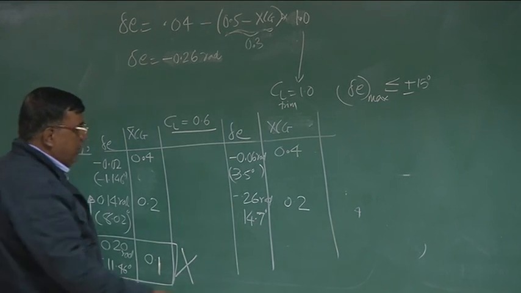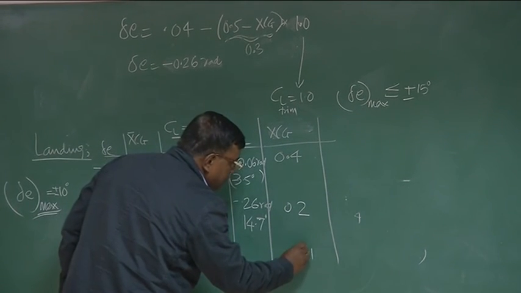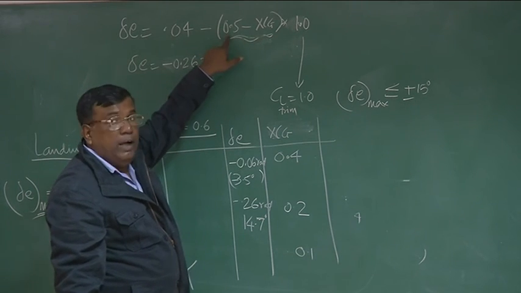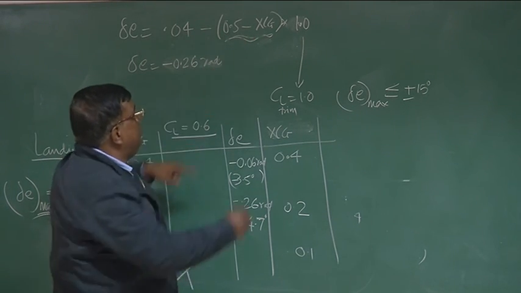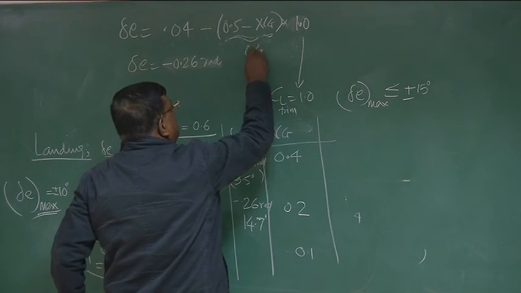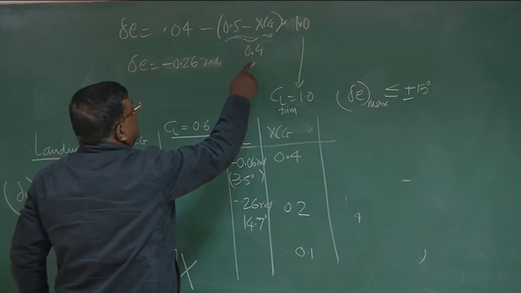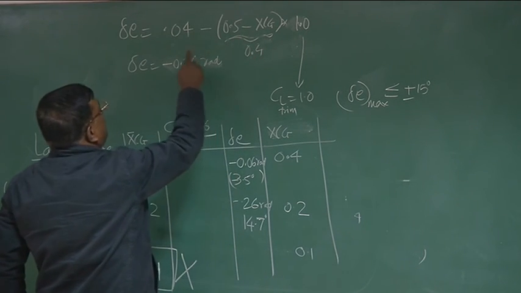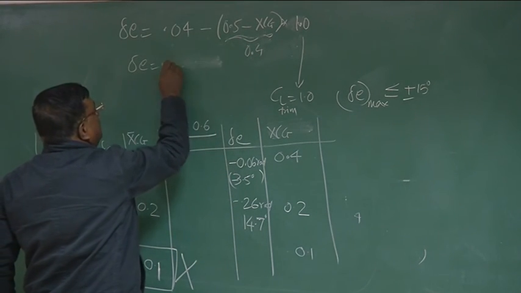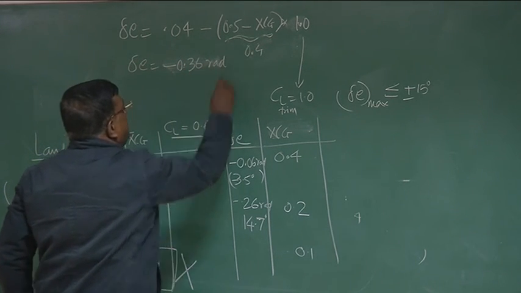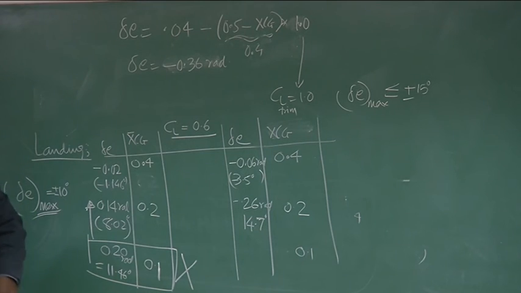Now let us see for 0.1, then come back here. This will become 0.5 minus 0.1, so 0.4. 0.4 into 1 is 0.4, then minus 0.4, so this delta E now becomes minus 0.36 radian. So what is minus 0.36 radian?